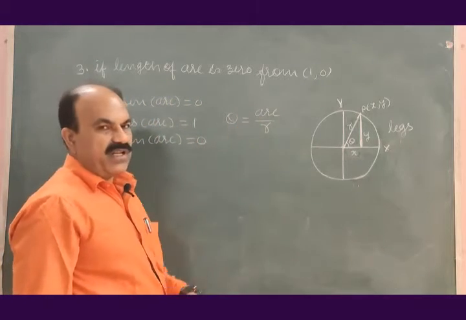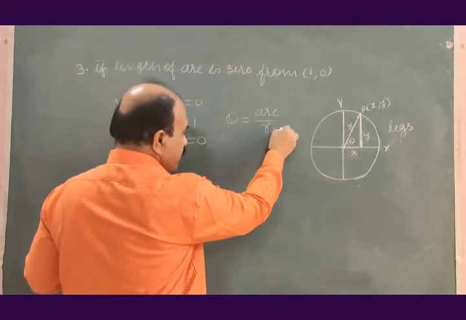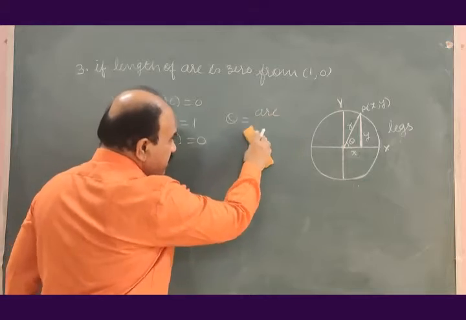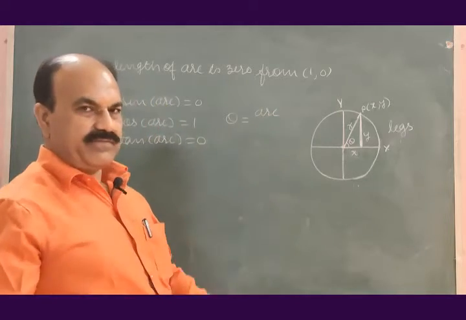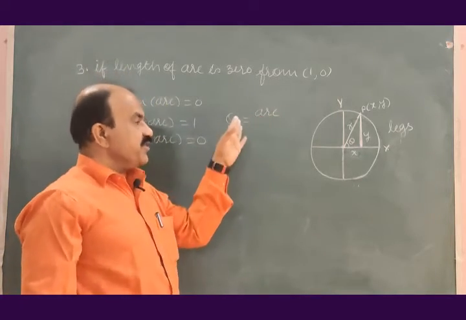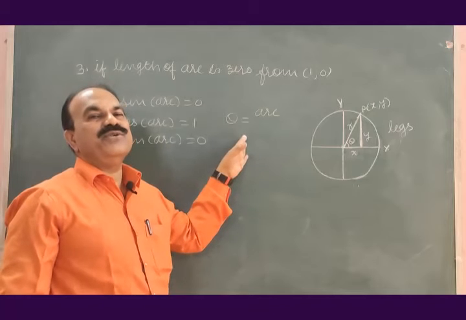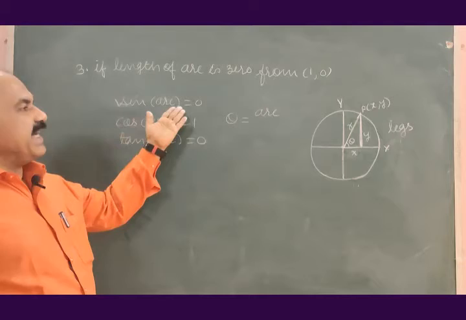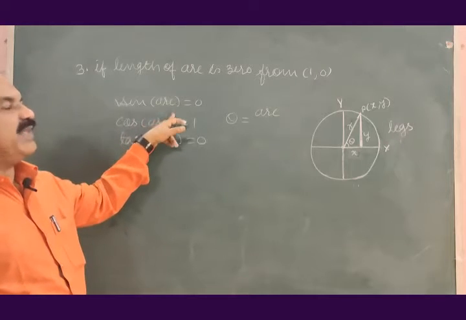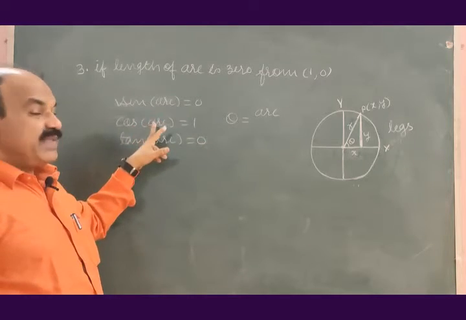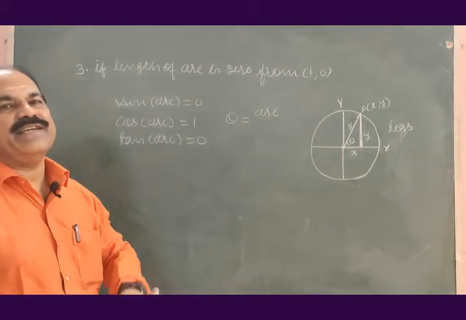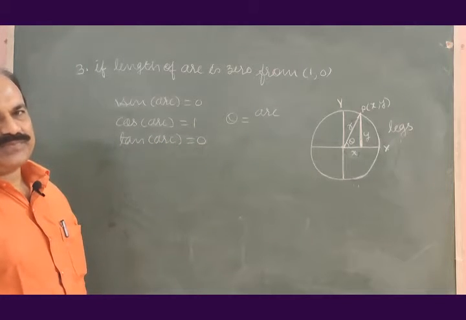For unit circle, radius is 1, and therefore this theta is simply equal to arc. If this arc is 0, theta will be 0. If theta is 0, sin theta is 0, that is sine of that arc is 0, cos of that arc is 1, tan of that arc is 0.